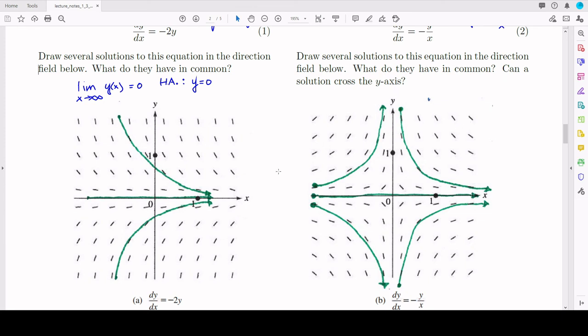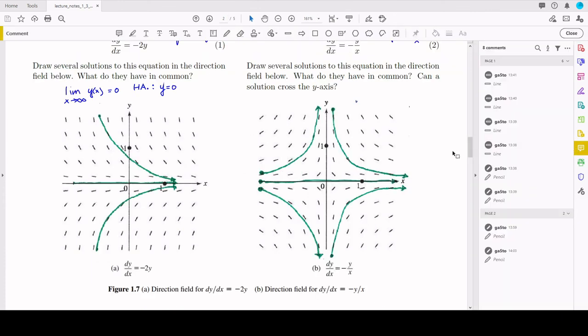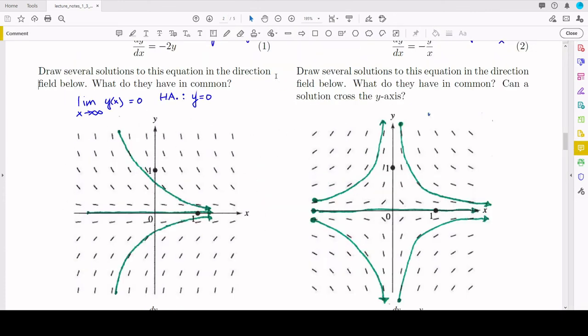So if we write down the answer to this question, what do they have in common? We can say they are all confined to one quadrant.